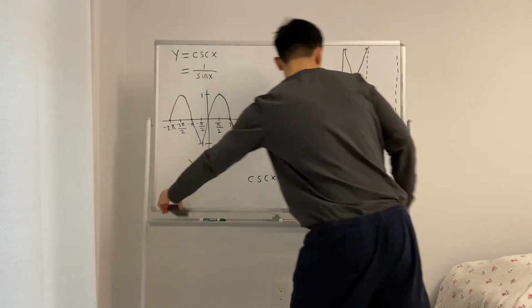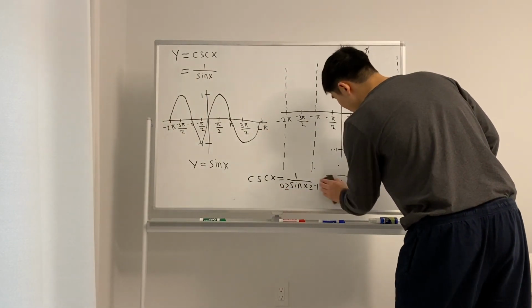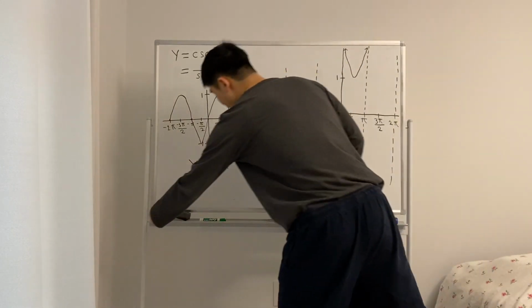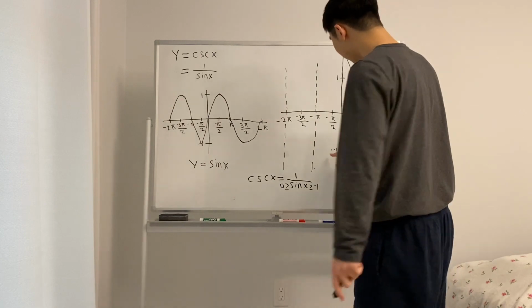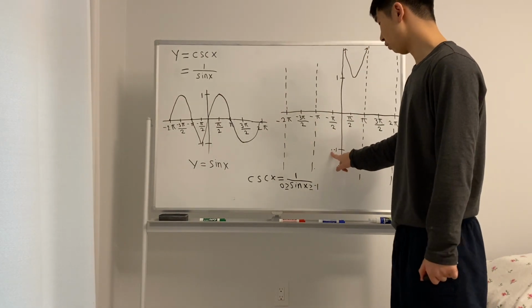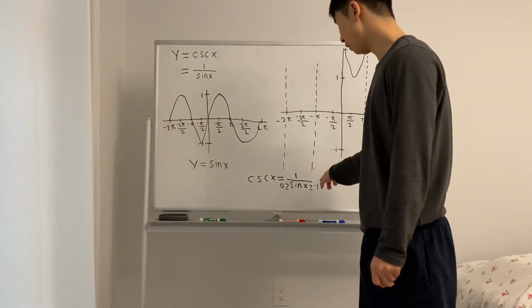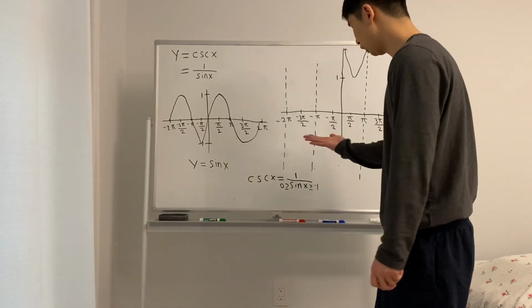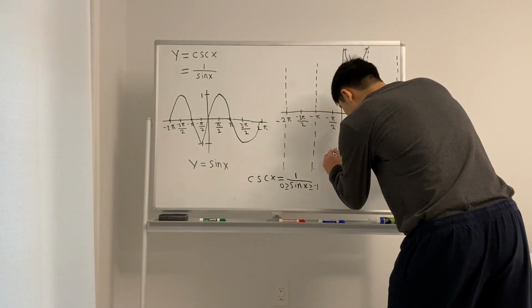Basically what I'm trying to show is that the graph now is going to go to negative infinity instead of positive infinity. Notice how instead of this being a minimum point, this is a maximum point now, at negative 1, because if you plug in a number that is greater than negative 1, you're just going to get a smaller number. So this is what the graph's going to look like.